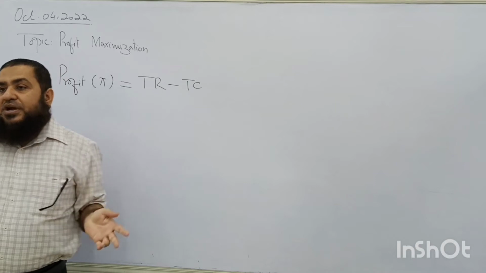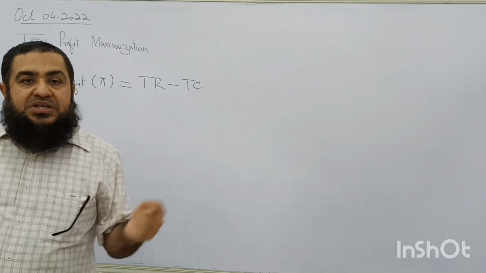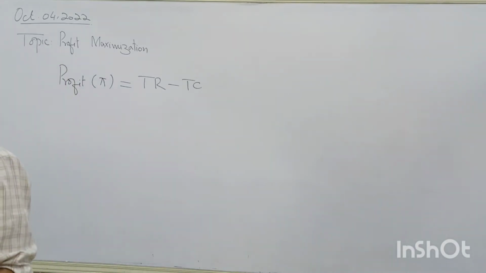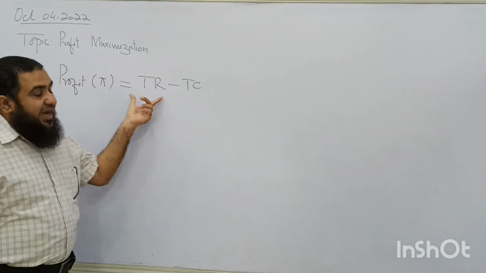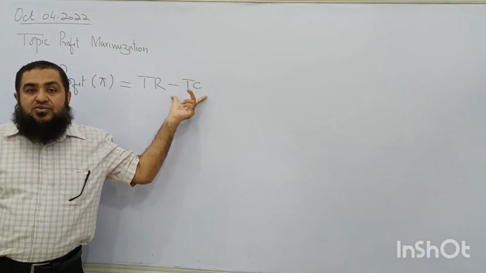When we sell a product, whatever the money is received by the firm, it is called revenue, which is inclusive of the cost. And when we deduct the cost of production from that revenue, the pure form of profit will be found. So we say profit is the gap between total revenue and total cost.